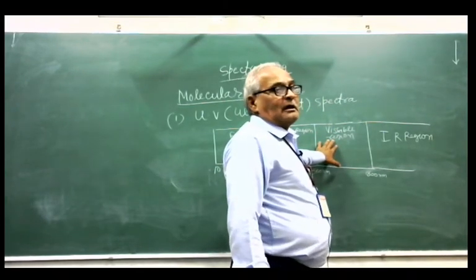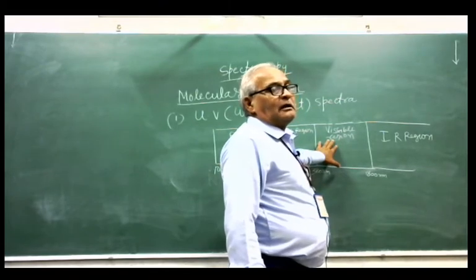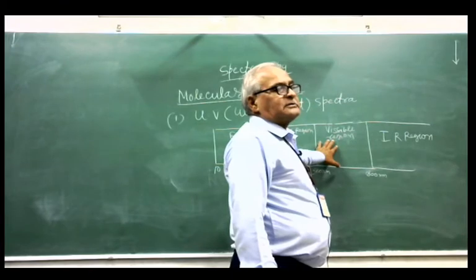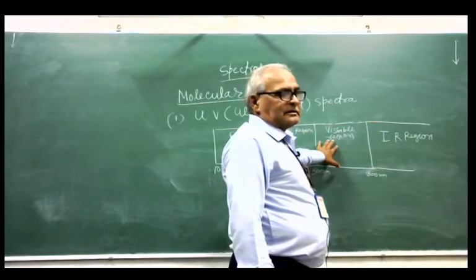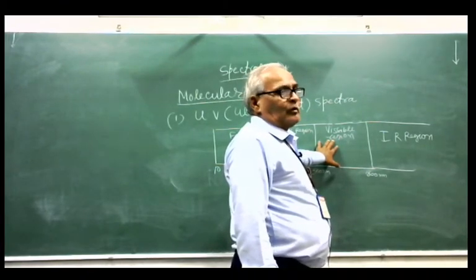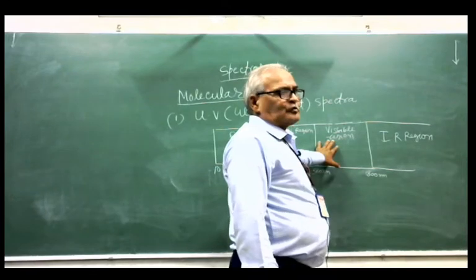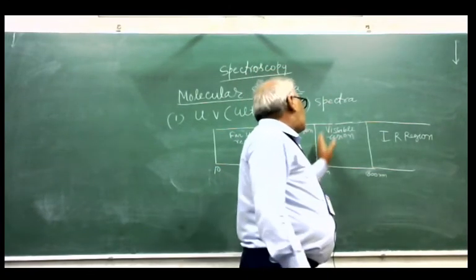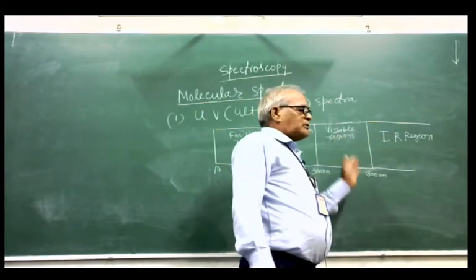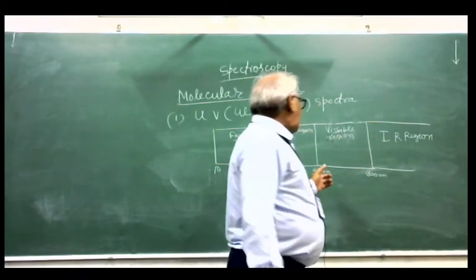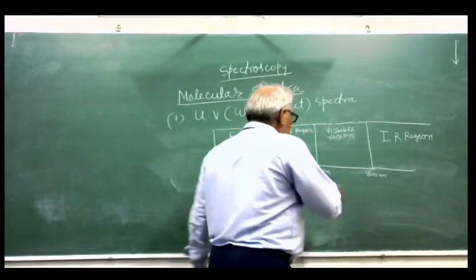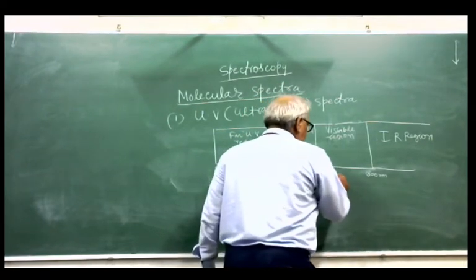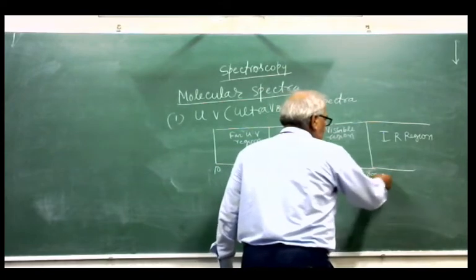I can see what is violet, what is red, what is yellow, what is blue. So all colors are visible, and therefore this is the visible region, ranging from 380, sometimes you can say 400 nm, to 800 nm.